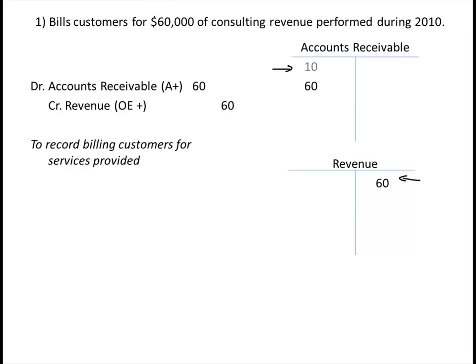We put our little notation in there to record billing for customers for services provided, and we move to the next journal entry. So then we're receiving $65,000 in cash from the customers we previously billed. And here's where, if we hadn't copied those numbers over from the prior year's post-closing trial balance, we would have found ourselves in some trouble. Because while we're receiving cash, the other side of the journal entry is, of course, our accounts receivable.